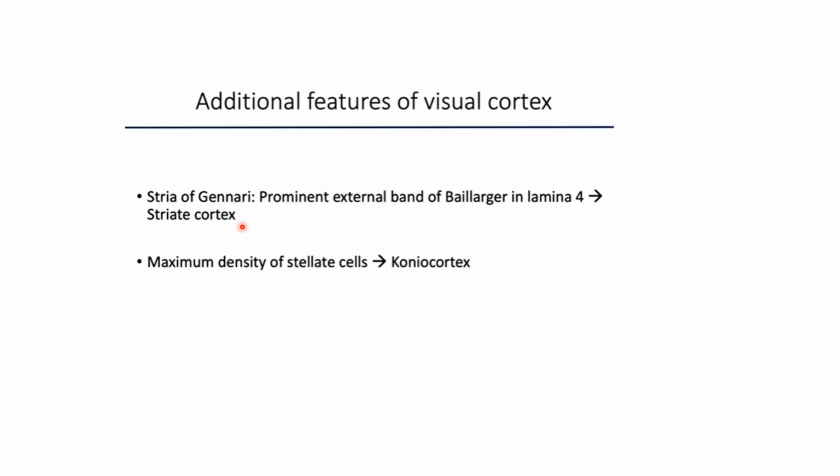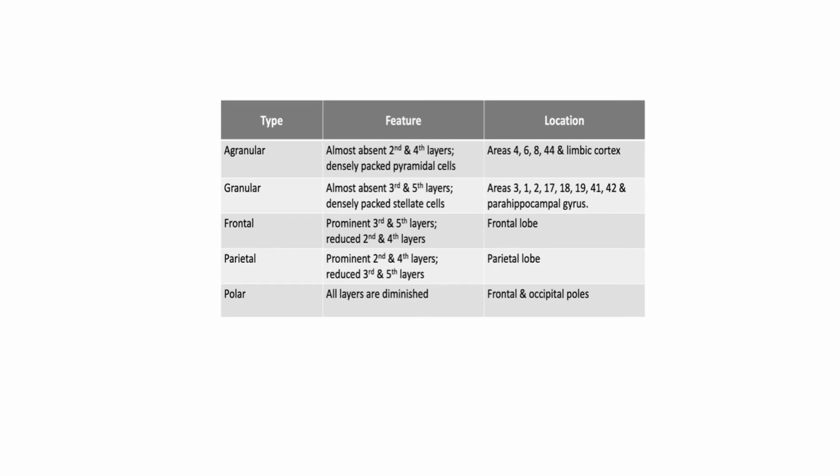Another name is the granular cortex. This is seen in lamina 4. And the maximum density of stellate cells is in the granular layer, which is called the koniocortex.